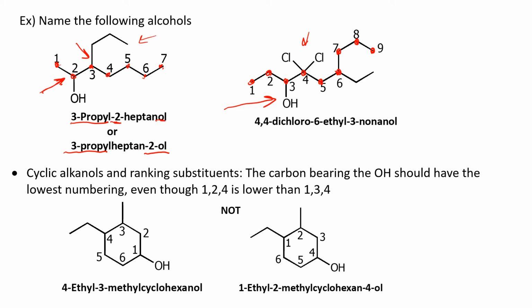We have, looks like we have a 4,4-dichloro. And we've got a 6-ethyl. All right, so when we're doing this, our dichloro, C comes before E, so we have a 4,4-dichloro, 6-ethyl, and then our 3, because it's a 9-carbon chain, nonen-3-ol.